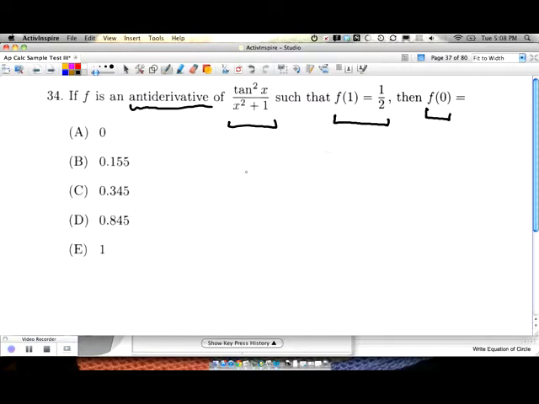What it's saying is that f of x equals the integral from 0 to x of, let's say, whatever, g of x, and f of 1 equals 1/2. So that means the integral from 0 to 1 is equal to 1/2.